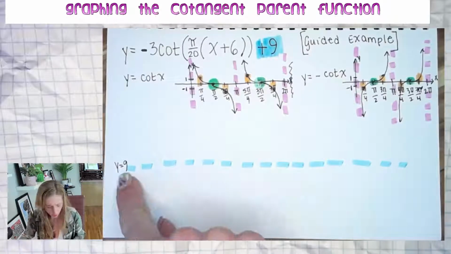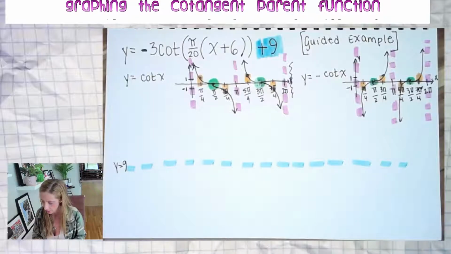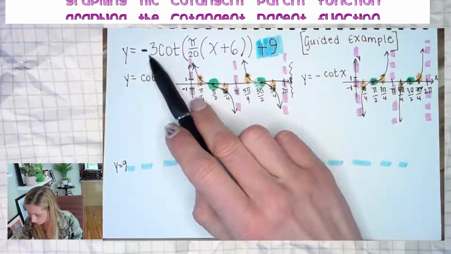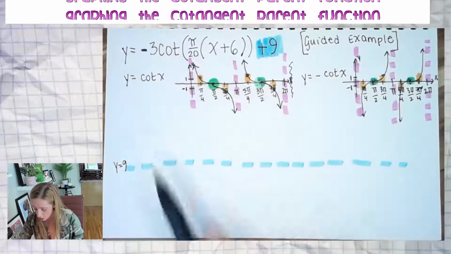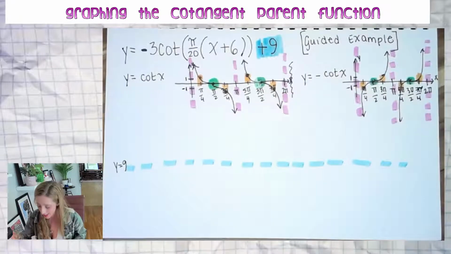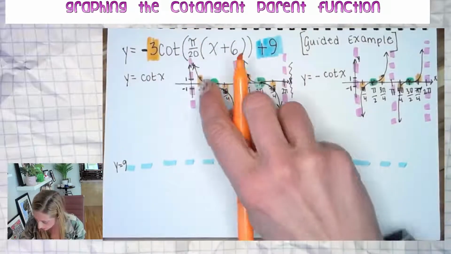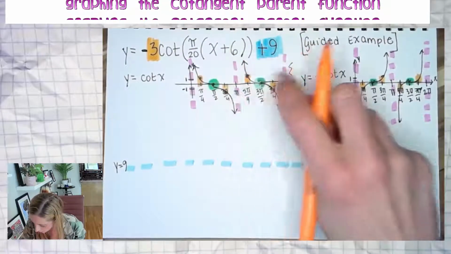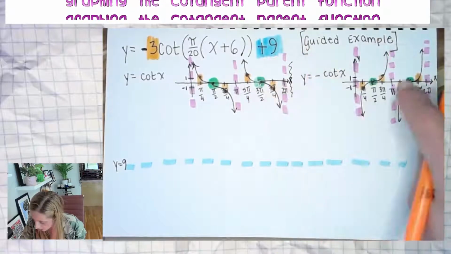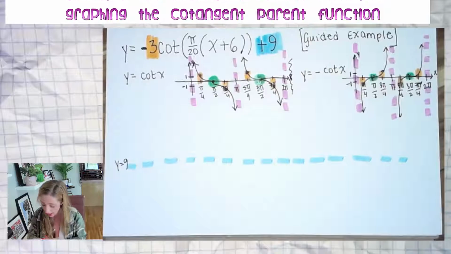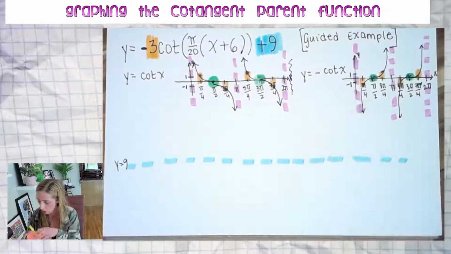So now that we have y equals 9 right there, the next thing I like to look at is my a value, which is 3, or in this case, negative 3. The 3 is telling me that this little orange is going to be 3 units either above or below. Since it's negative, it's going to be that shape that we see over here.